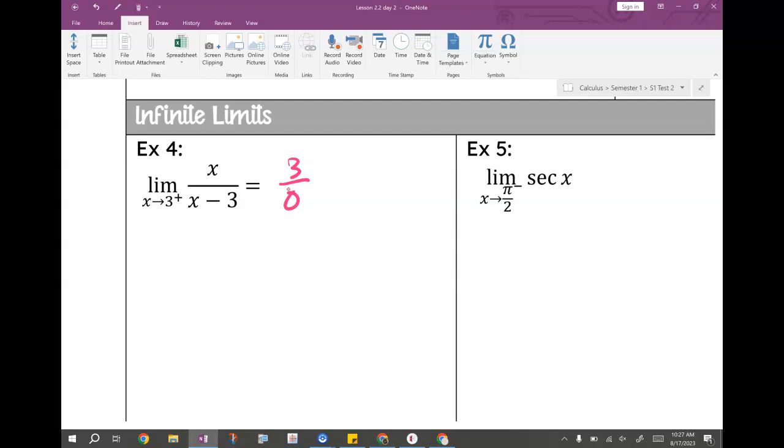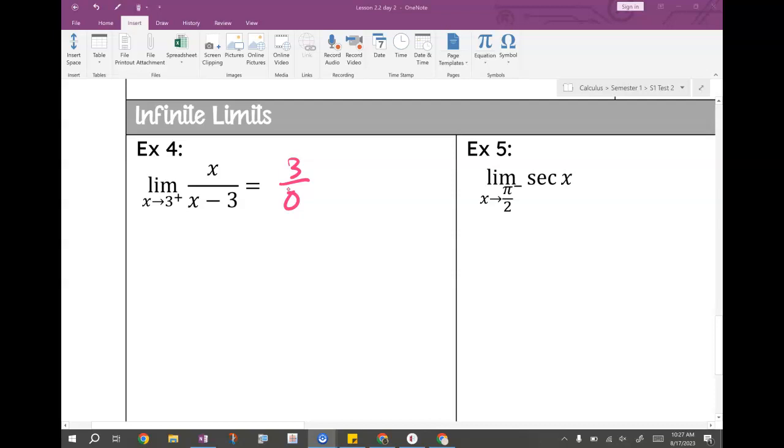If you can't simplify, let's figure out another way. If you are approaching from the right, your numbers are obviously going to be bigger than 3, correct? So try a couple. Let's look at 4. So 4 over 1. Now you need to get closer and closer and closer to 3.